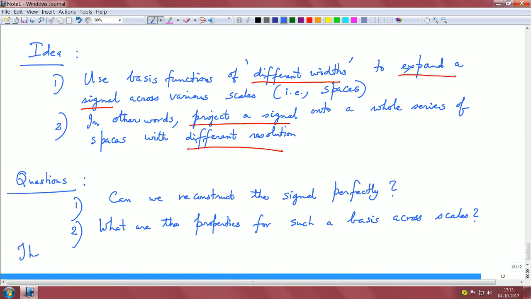And these ideas lead us to the concept of wavelets.